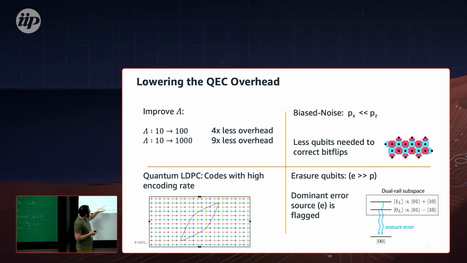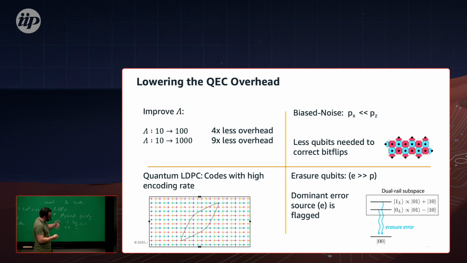One of them will be 7 by 7 away, and the other will be, I think, 3 by 7 and 7 by 3 away. So it's like the 6-body check all X, similar to the surface code. 4 of them are local as in the surface code, but the 2 extra ones are long range. And this is on the torus. You can also do closed boundary conditions, open boundary conditions, but then the encoding rate is a little bit worse by a factor of 2.